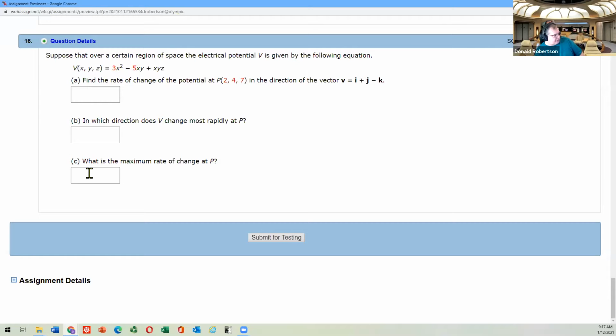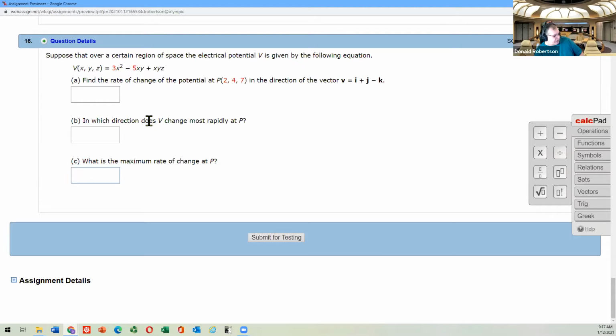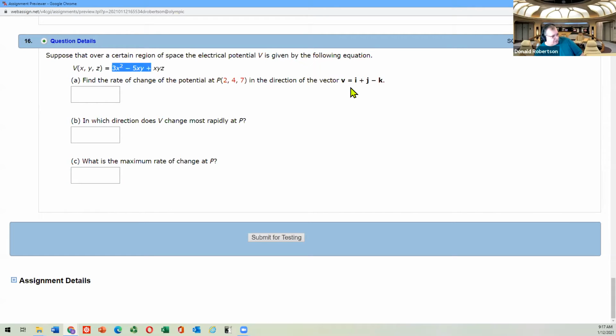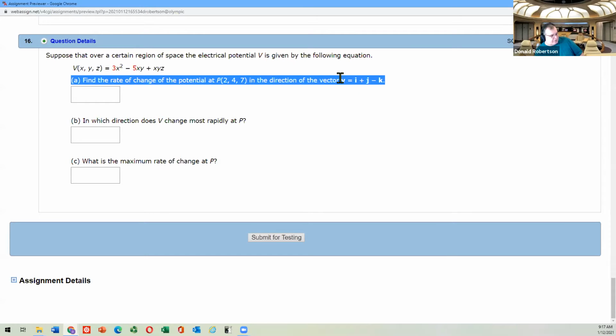Now, parts B and C of what we've just done today. In which direction does it change most rapidly? Isn't that just another way of phrasing a maximum rate of change? So to get answer B, won't you take the gradient of this function and evaluate it at the point 2, 4, 7?